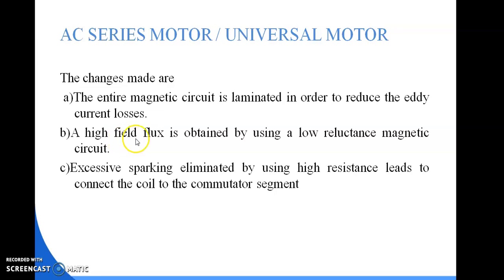Secondly, a high field flux is obtained by using a low reluctance magnetic circuit. Next, excessive sparking is eliminated by using high resistance leads to connect the coil to the commutator segment.